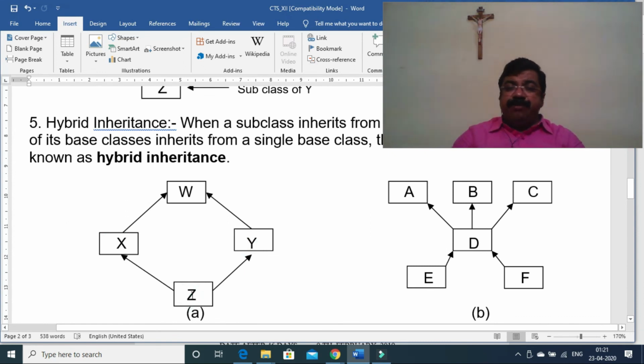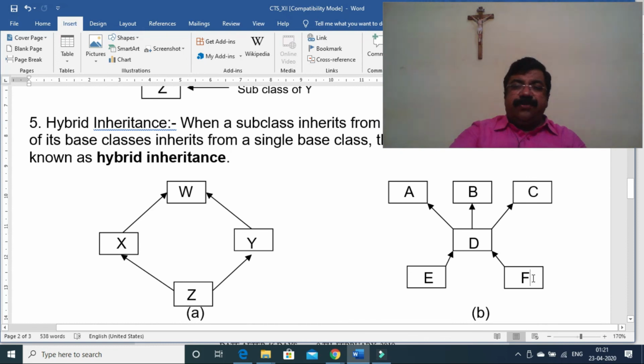See the first diagram there, W, then it has 2 children, X and Y. After that we have a Z. W is the base class of X and Y. X and Y are the base class of Z. Hybrid inheritance. Next again, A, B, C are 3 base classes. They have one child, one subclass D. Then again D has E and F.